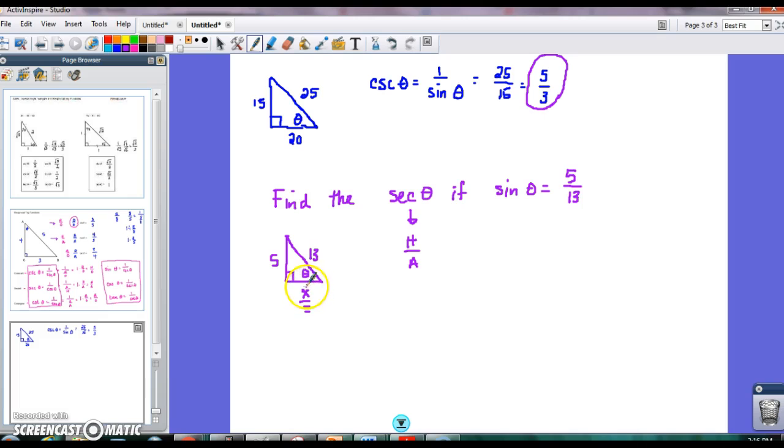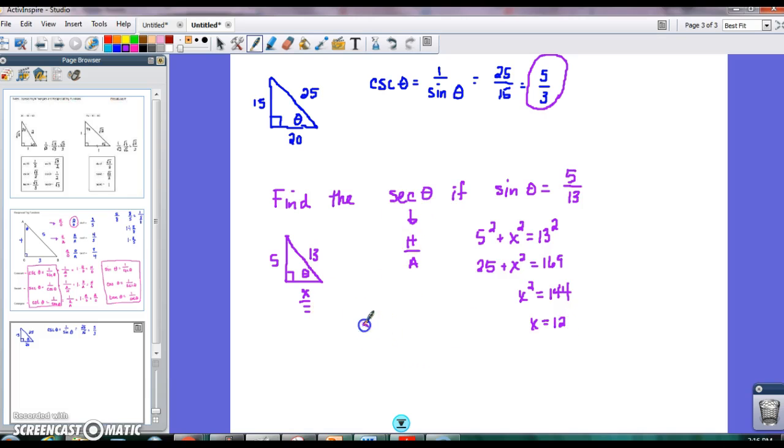Whenever you're given two sides of a right triangle, you can always find the third. So if I were to do 5 squared plus x squared is equal to 13 squared, you might recognize this as a Pythagorean triple. If not, you have 25 plus x squared is equal to 169. So x squared is 144. So x comes out to be 12.